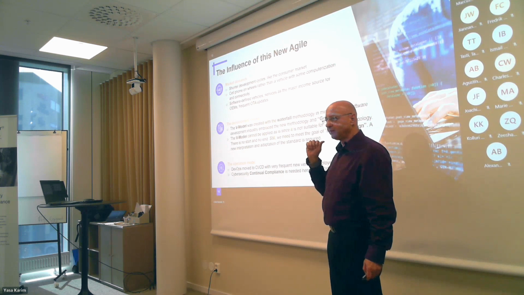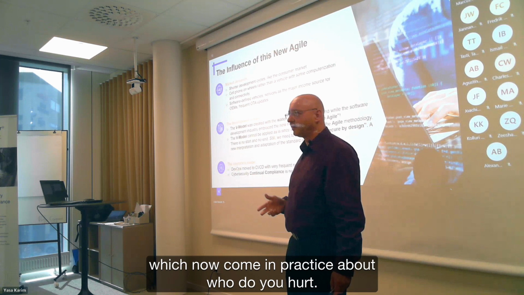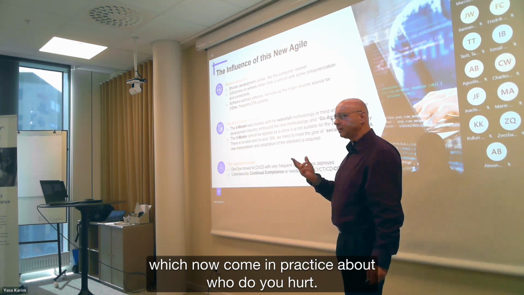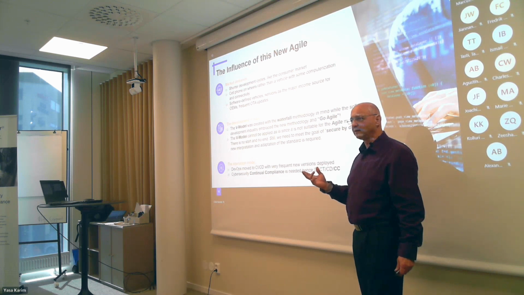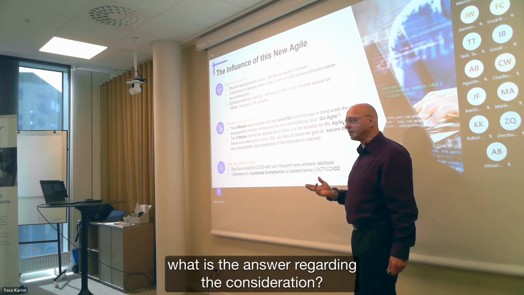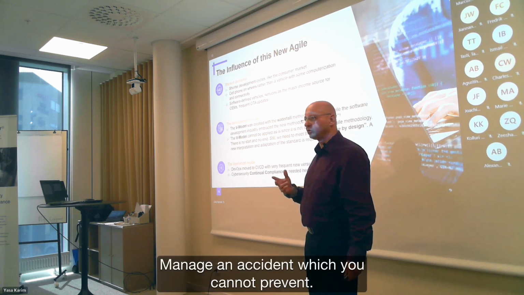Read Asimov, rules number 1, 2, and 3, the robot laws, which now come in practice about who do you hurt. You know what's the answer, by the way? What is the answer regarding the consideration how to manage an accident which you cannot prevent?